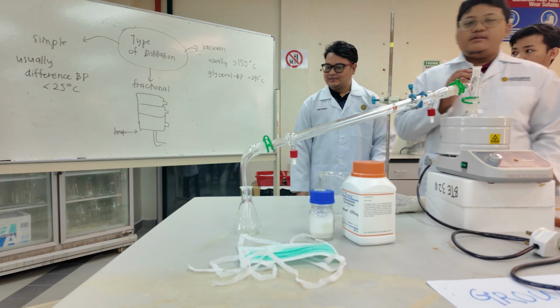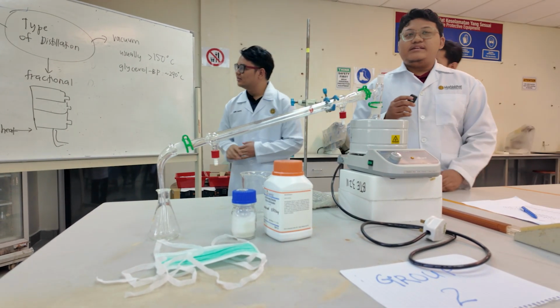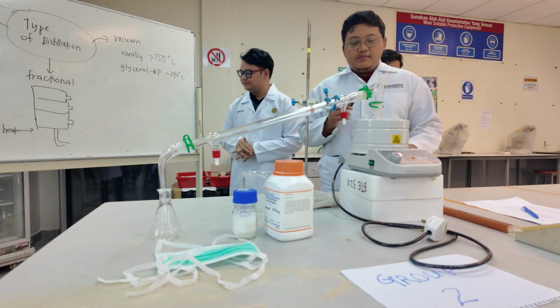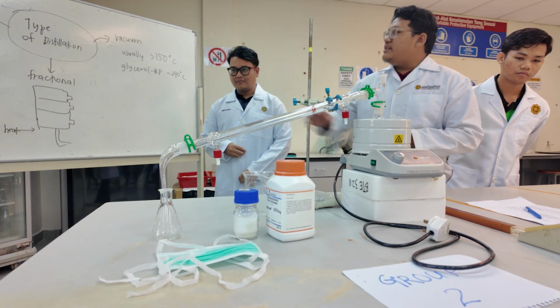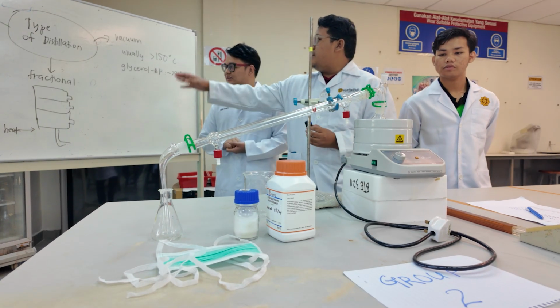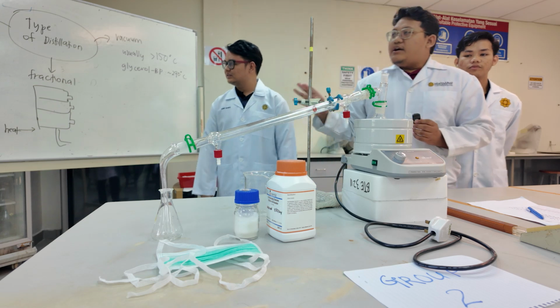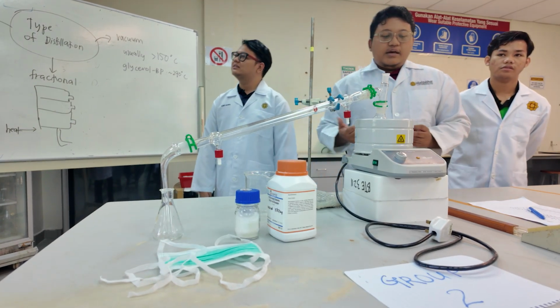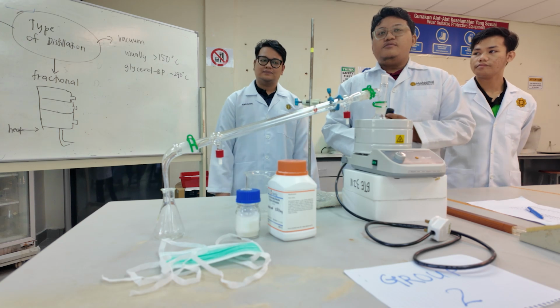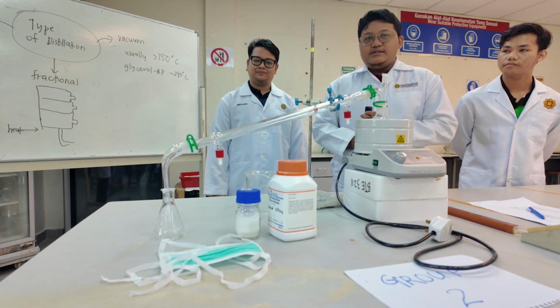Now we know the meaning of distillation. Distillation is a technique to separate liquid mixtures based on their boiling points, and the types of distillation are simple, fractional, and vacuum. So we can make a problem statement. Distillation can be used to separate liquid mixtures.